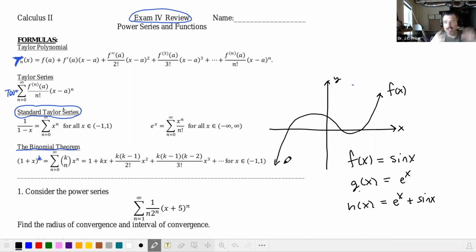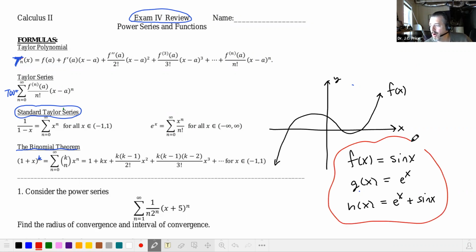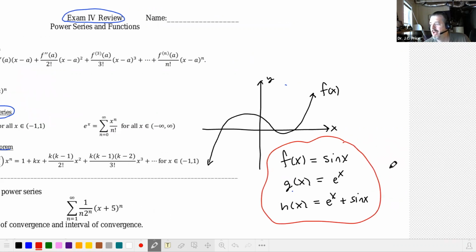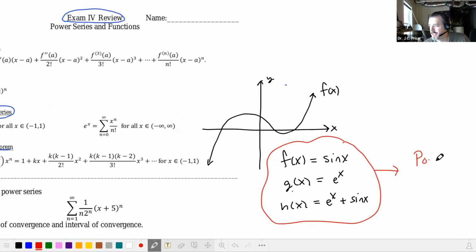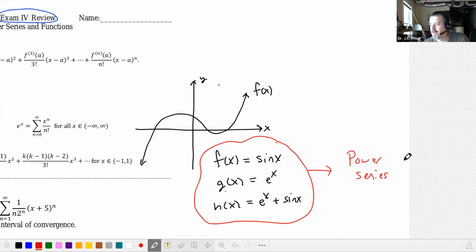And like I said, they often look very different. They don't look the same. But it turns out they are all able to be represented by power series. So at the end of the day, they all have some sort of power series representation.